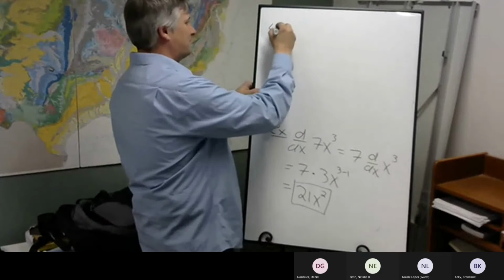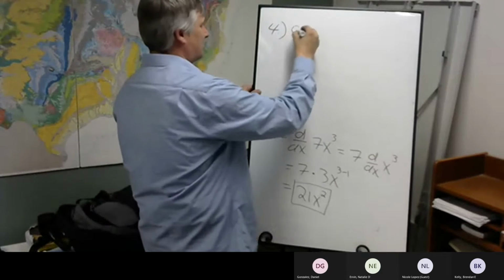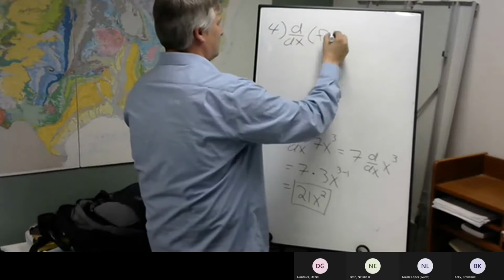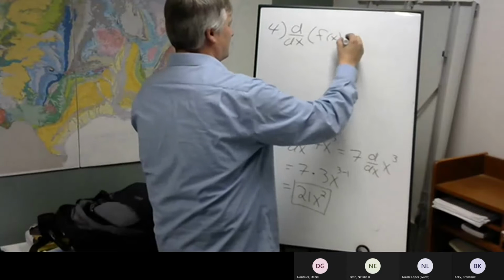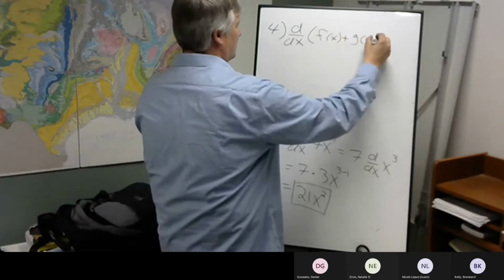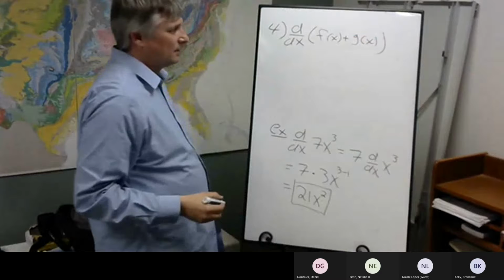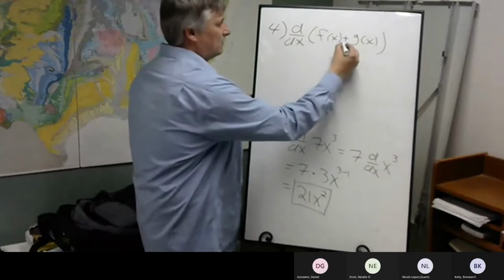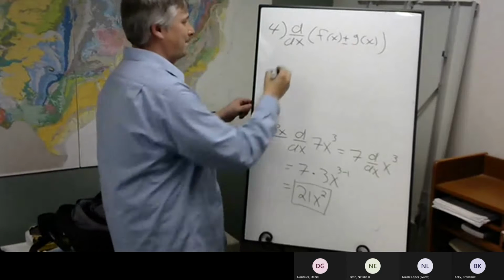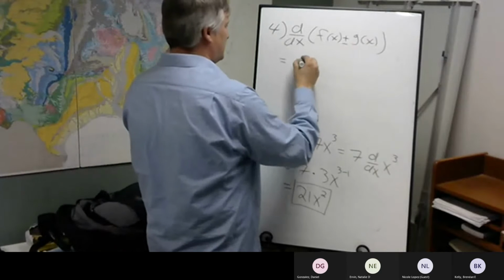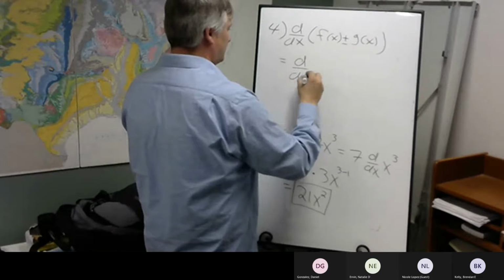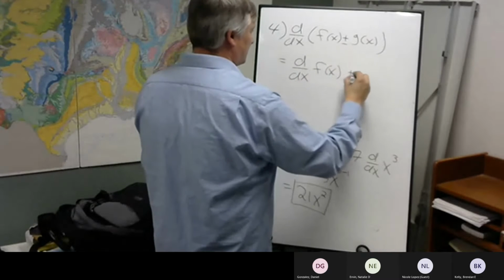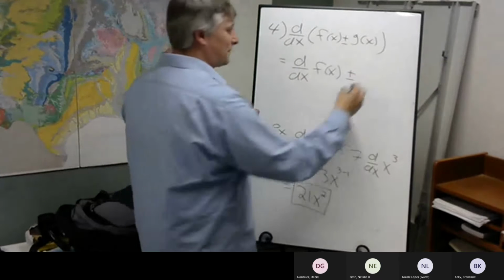So number 4. Just like with limits, the derivative of a sum or a difference is going to be the sum or difference of the derivatives.